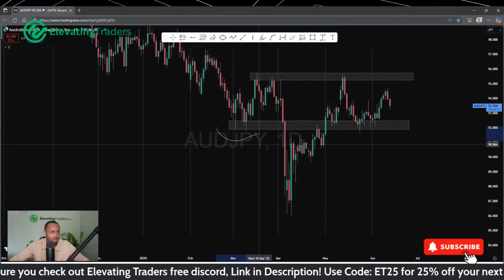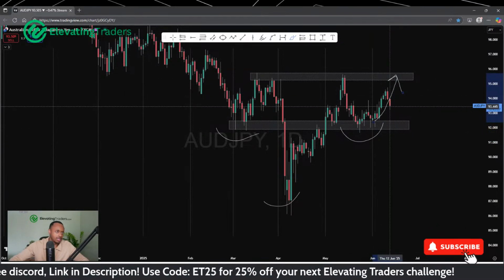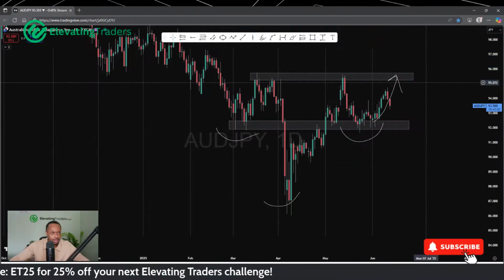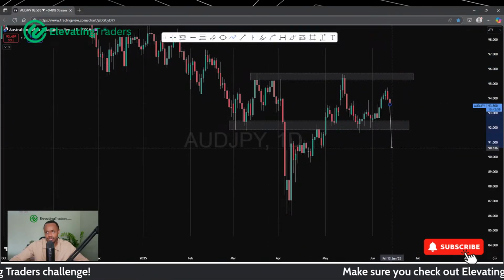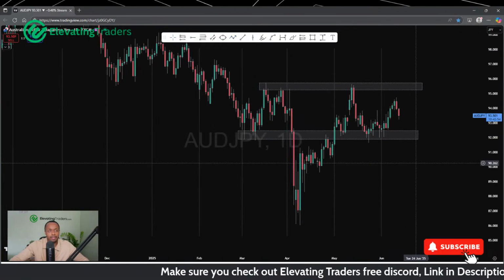So you've got the left shoulder, the head, the right shoulder. And I'm still looking for a drive back into the neckline of the pattern and perhaps a break of that as well. So that's still my bias for Aussie yen. Until I see price really break below that, that's when I'll probably shift my bias or at least become neutral in the pair.